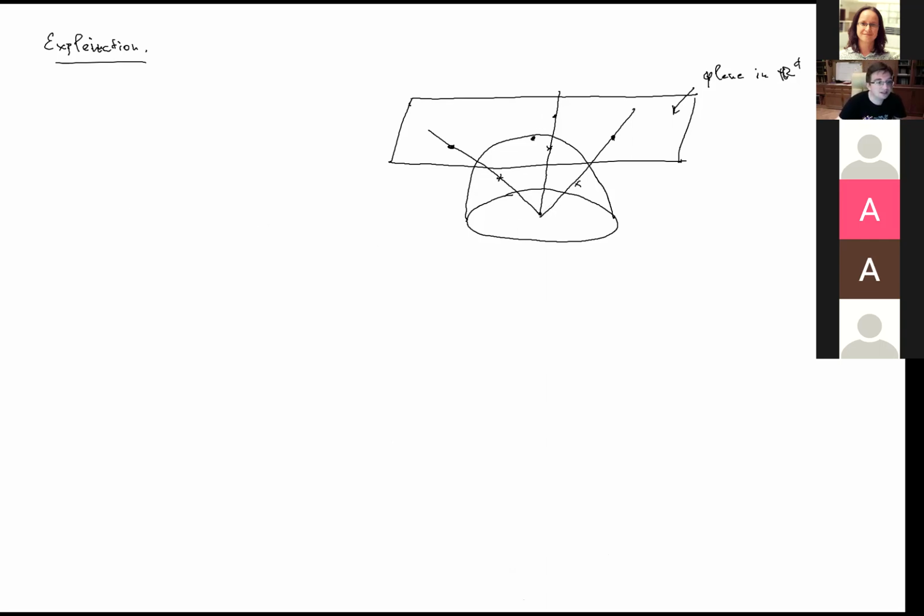So the result looks as follows. Let T_n be the linear transformation which sends a d-dimensional point to a d-dimensional point of this form.